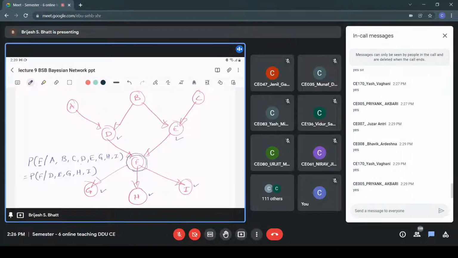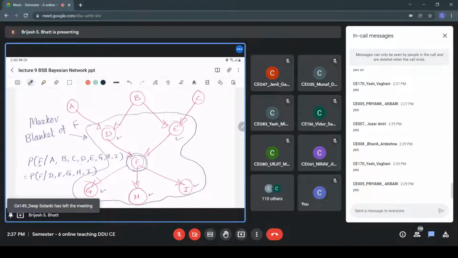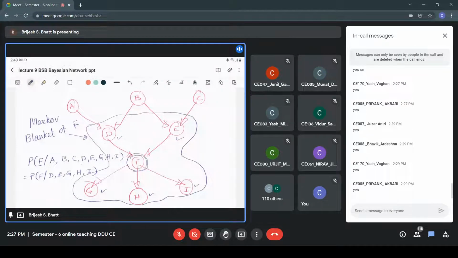So given its first neighbors, F becomes conditionally independent of everything else, and this cover of first neighbors is called the Markov blanket of F. This Markov blanket is a very powerful idea because it helps us in calculating joint probability in a very huge network.